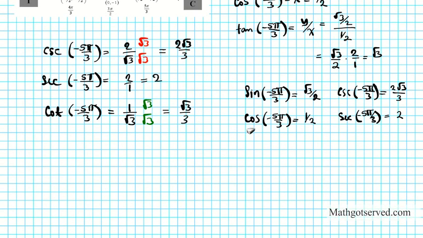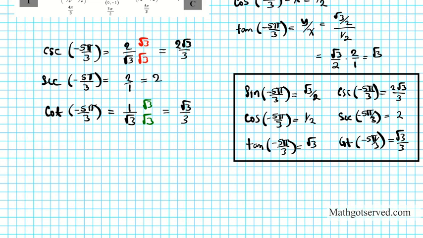And then tan of negative 5 pi over 3 is root 3. And the reciprocal relative, cotangent of negative 5 pi over 3, is root 3 over 3. So there go your answers for the values of negative 5 pi over 3.